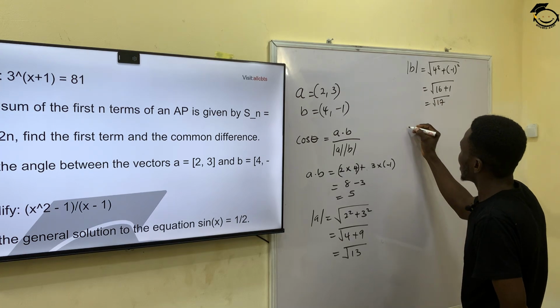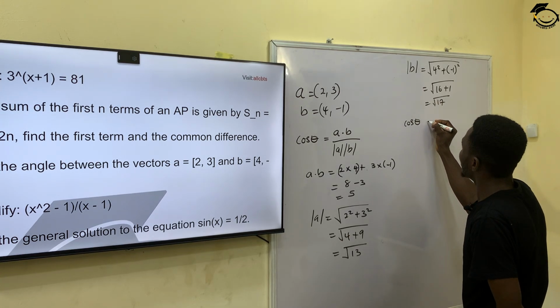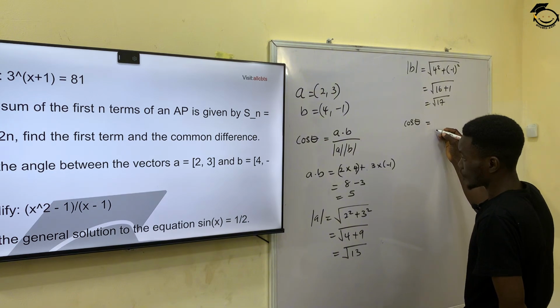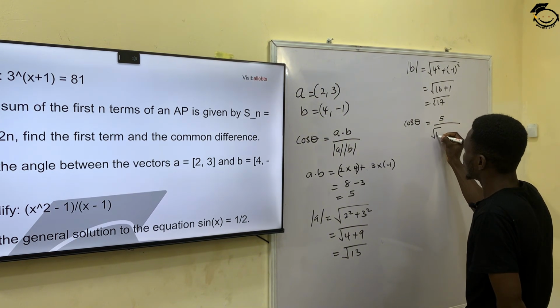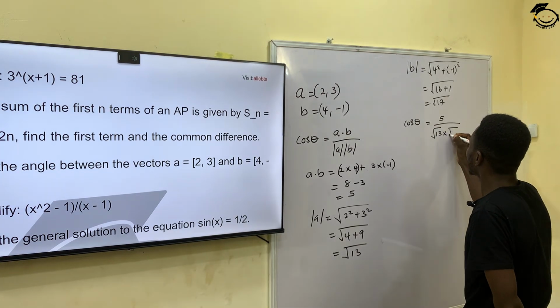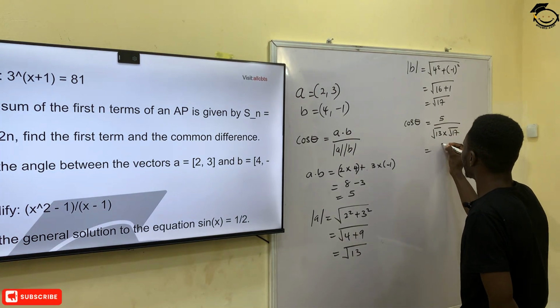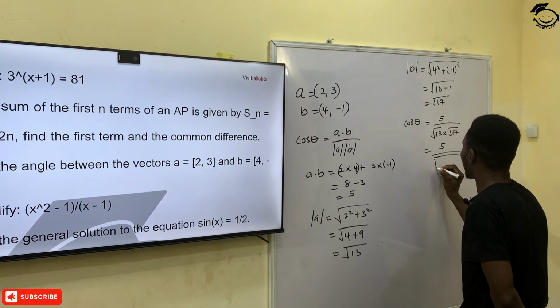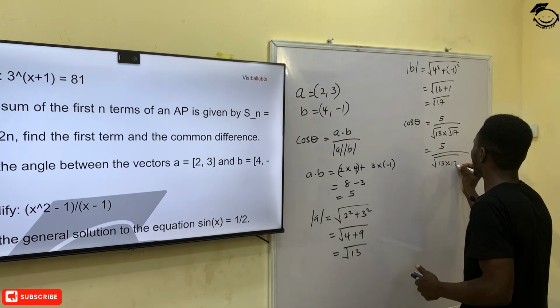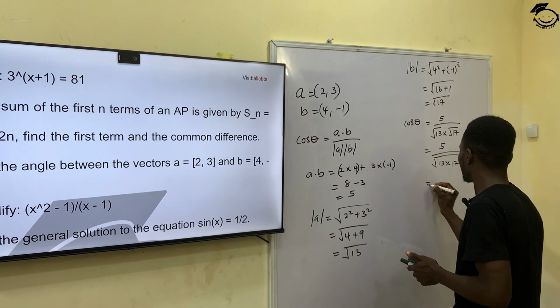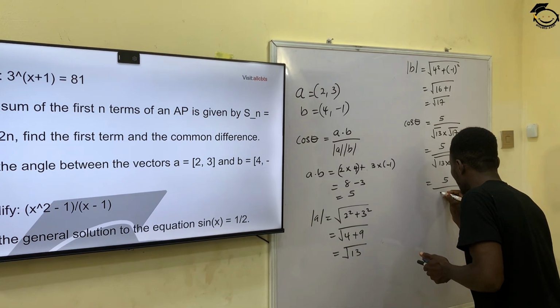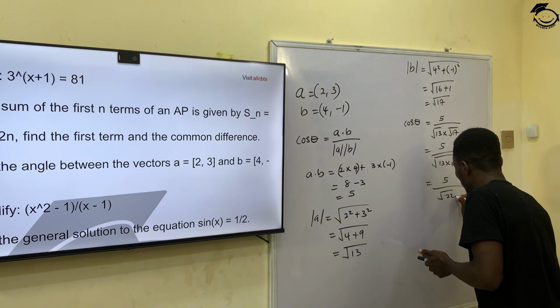It means that my cos theta here is going to give me 5 over the square root of 13 times the square root of 17. And that will give me 5 over the square root of 13 times 17. So I have 13 times 17, and that will give me 5 over the square root of 221.